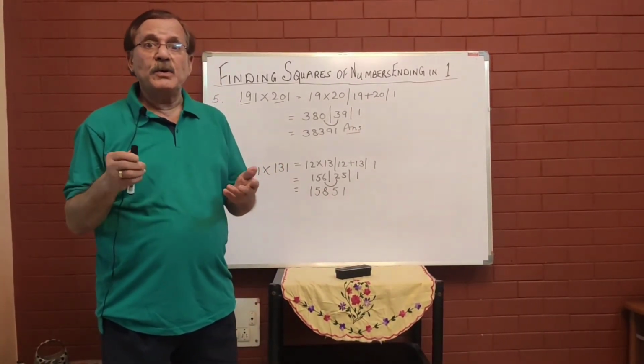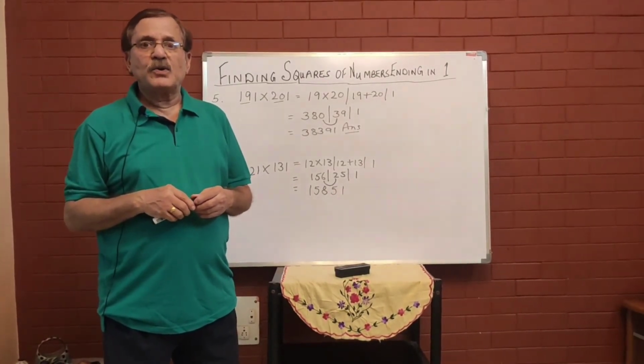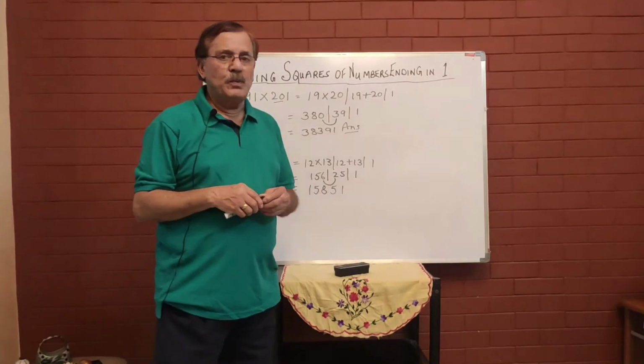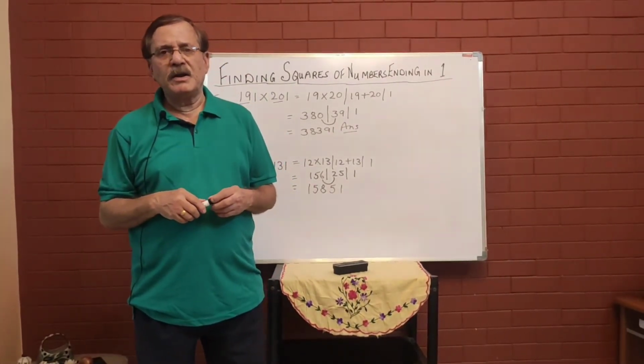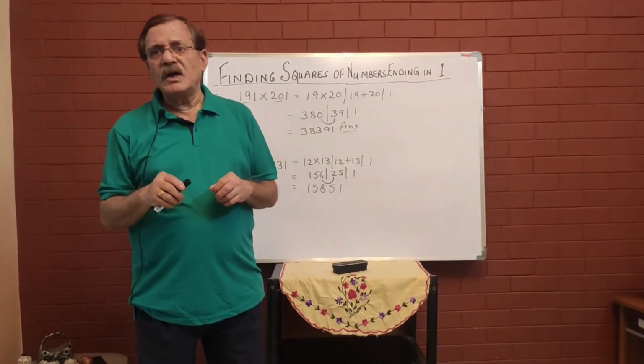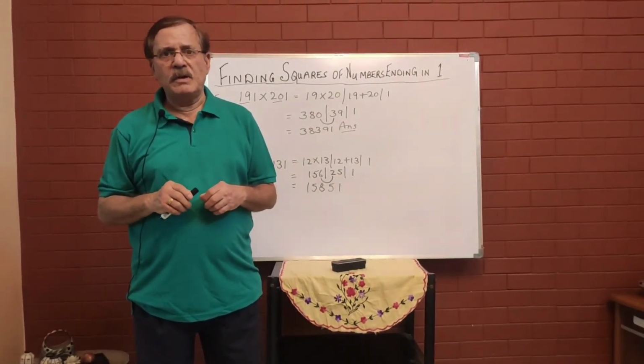Now in my next video, what we are going to do is we are going to learn squares of other numbers which are close to 20, 30, 40. Now these are called secondary bases or sub bases or working bases.